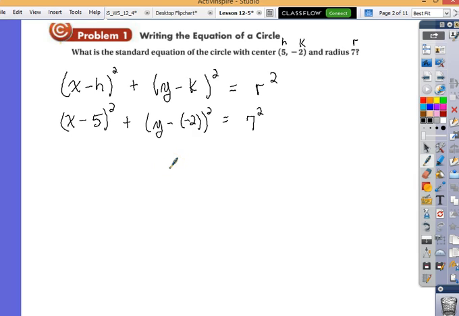Now, this can be simplified a little bit, but really there's nothing to evaluate. There's nothing to simplify here, so that's just x minus 5 squared. Y minus a negative 2 would be y plus 2 squared, and 7 squared is equal to 49.